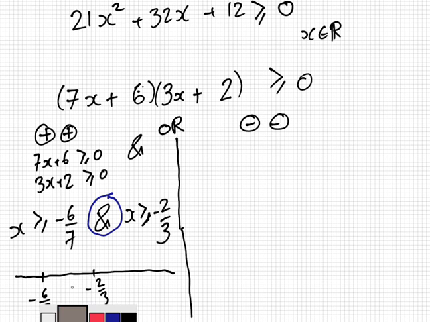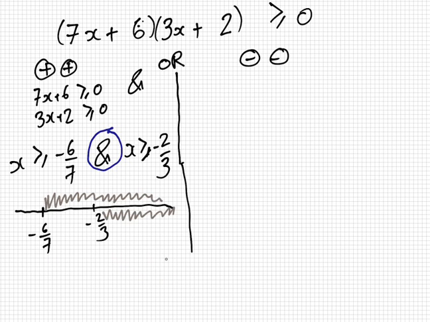I need x to be bigger than minus 6 over 7, and I need x to be bigger than minus 2 over 3. The only way both of them can be true is if x is bigger than or equal to minus 2 over 3. So that's my first answer.